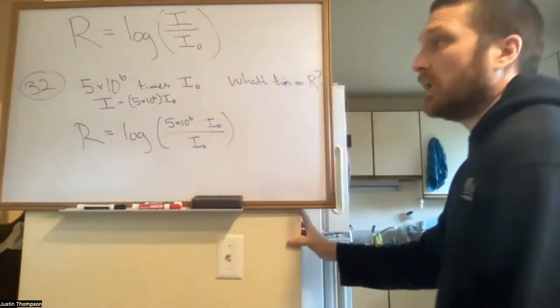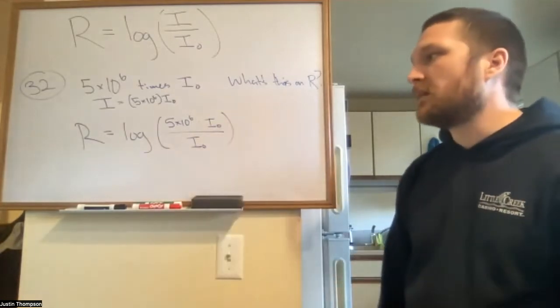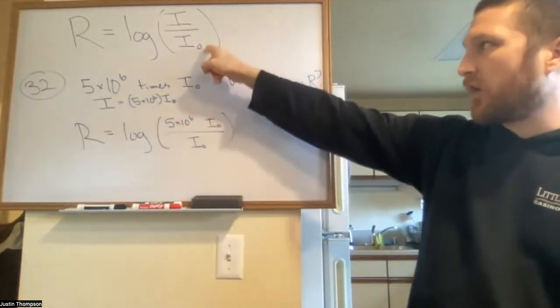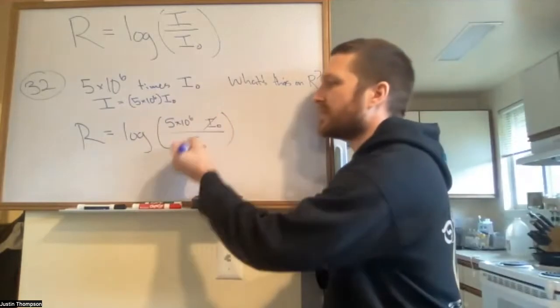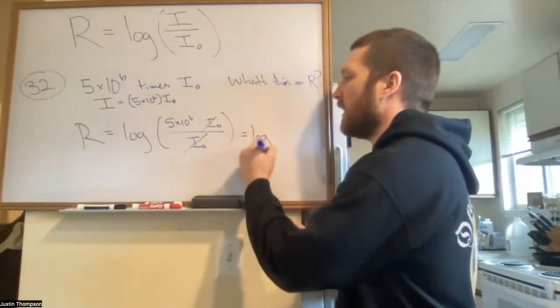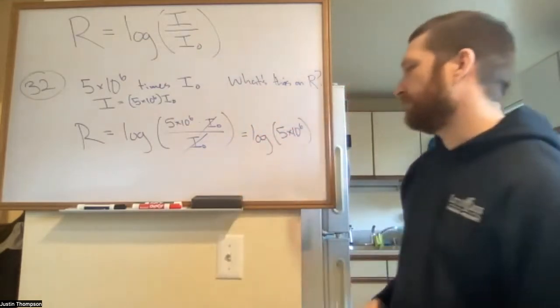Oh, that's convenient. All of the questions you have are going to be like this. It tells you how many times the background or reference value it is, so that these cancel out. And now you're just computing the log of 5 times 10 to the 6.